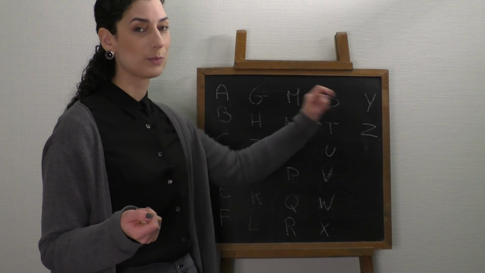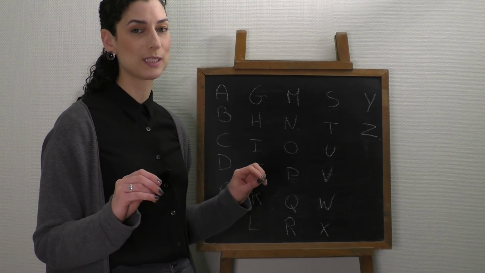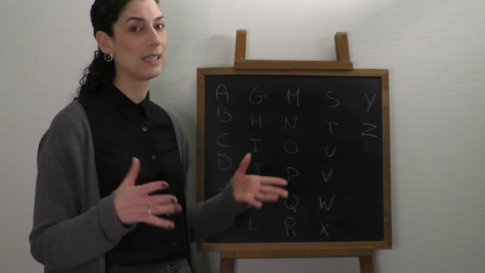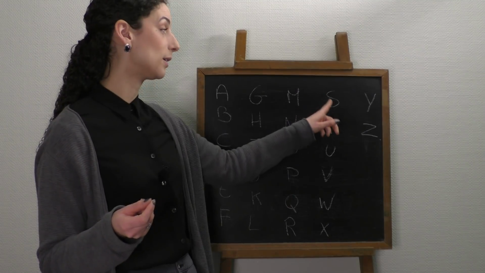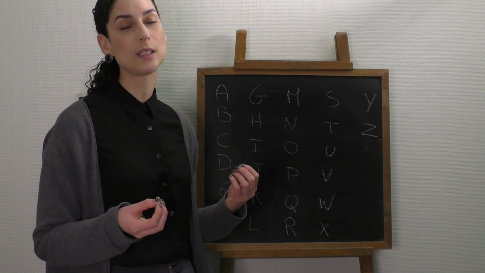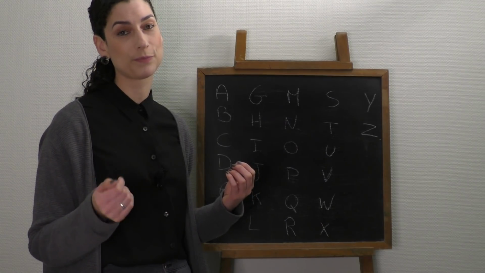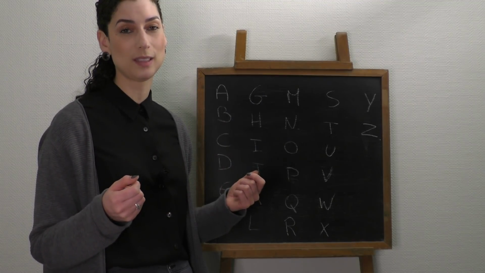So A is also a little bit of a different one because when we're saying the alphabet out loud, we say A, but it's actually never pronounced as A when it's in a word. But we'll see that later on.